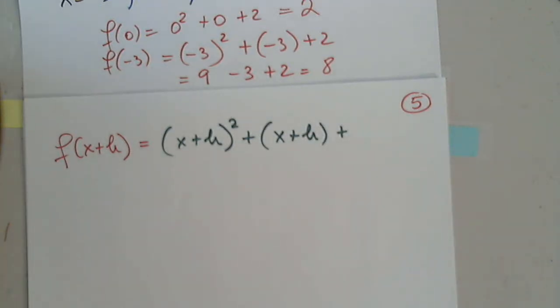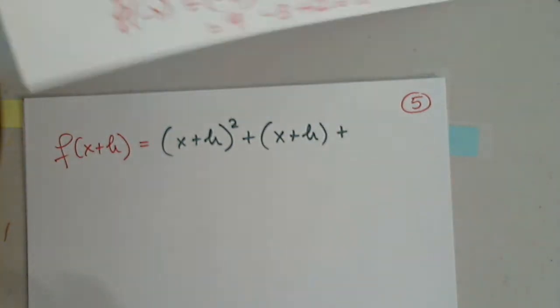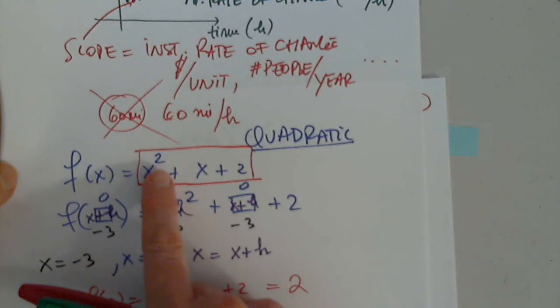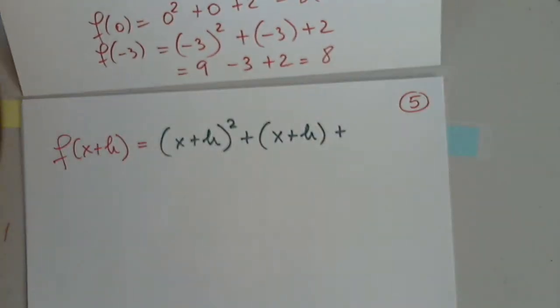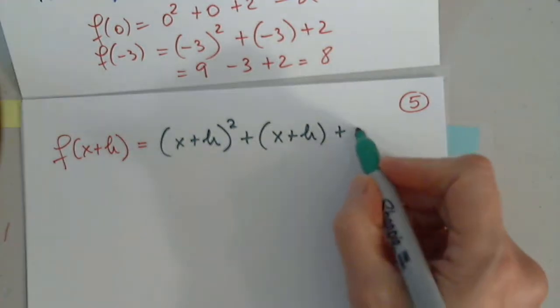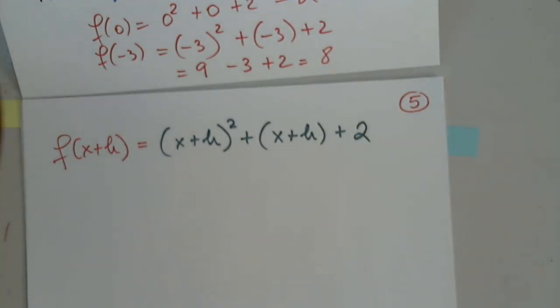So one more time. We got down the pattern. The pattern is blah squared plus blah plus 2. Oh, there are 2. Exactly. Okay, Brianna, would you like to tell us how to square x plus h squared?